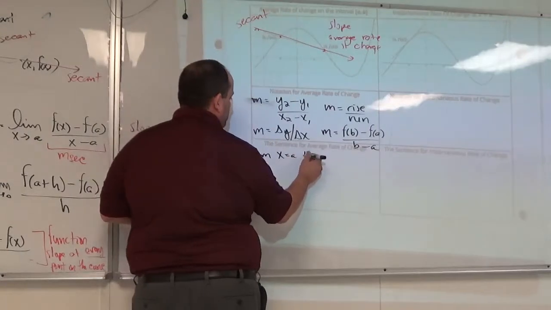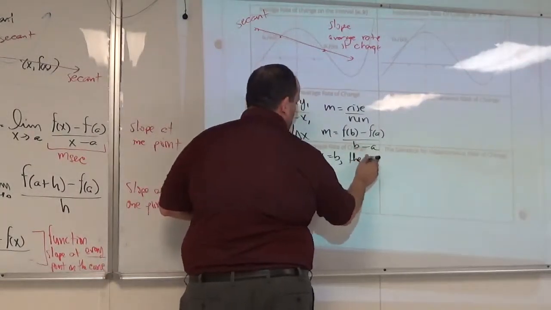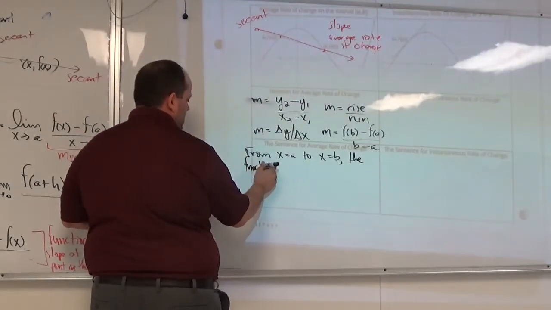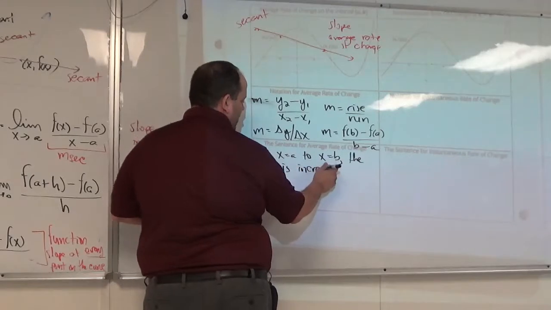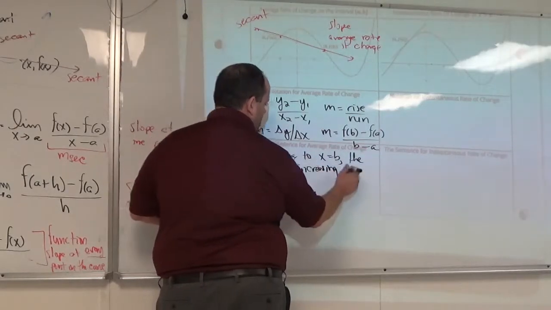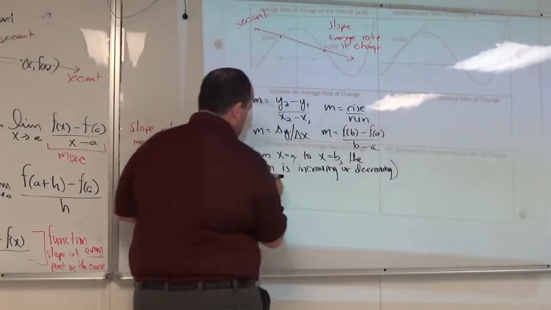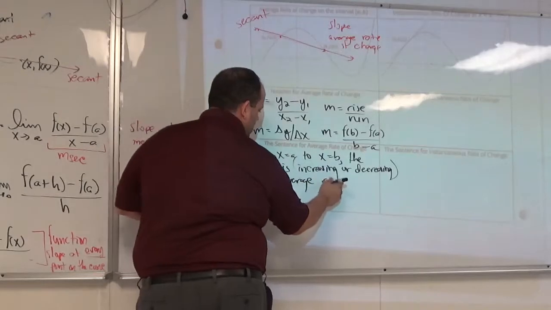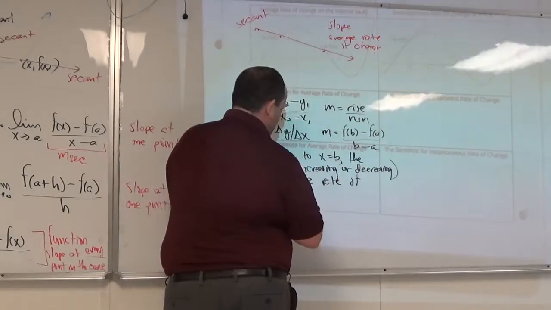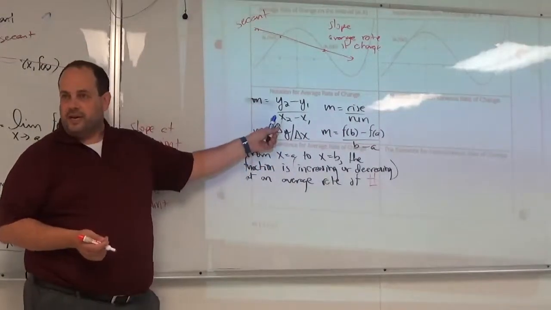From x equals a to x equals b, the function is either increasing or decreasing at an average rate of, now you put in whatever number you get from your average rate of change.